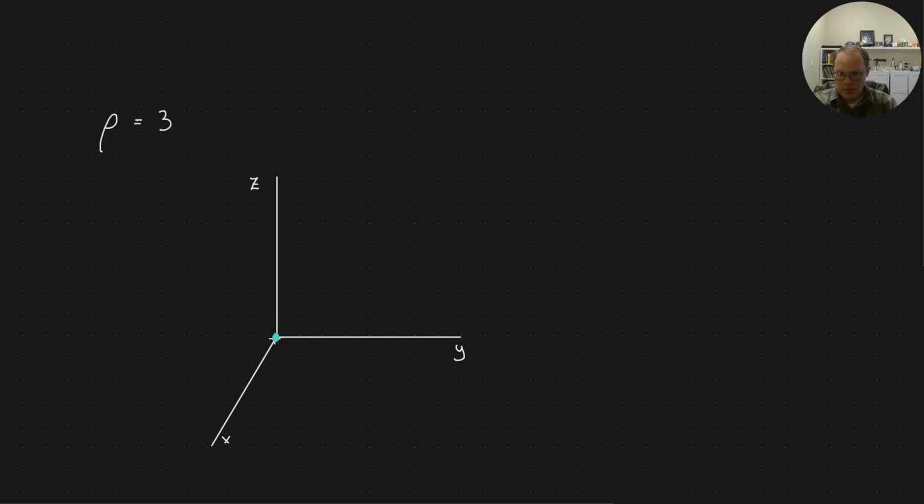So if I could point in any direction, but I'm always restricted to being 3 units away from the origin, that means I have a sphere. Right? I can go in any direction, but all the points, no matter which direction I'm going in, are 3 units out from the origin.